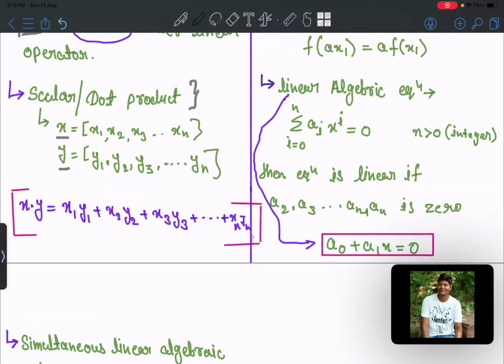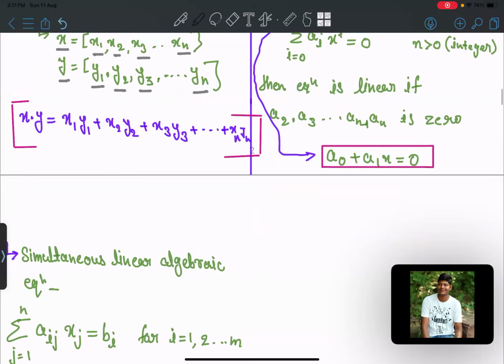Vector x is represented by n ordered tuples x1, x2, x3, up to xn. Similarly, vector y is represented as y1, y2, y3 up to yn. If we wish to find the scalar or dot product of these two vectors, this is represented as x dot y, and it is equal to the multiplication of corresponding ordered terms.